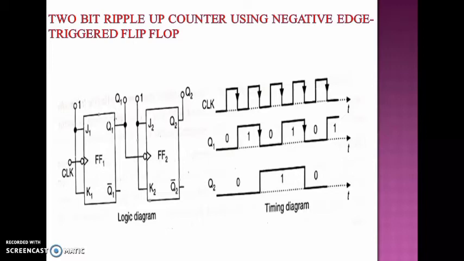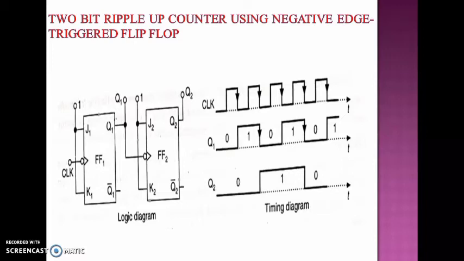That means 0, 1. At the negative going edge of the second pulse, flip-flop 1 toggles. So Q1 changes from high to low. That means 1 to 0, and this negative going signal is applied to the clock of flip-flop 2.